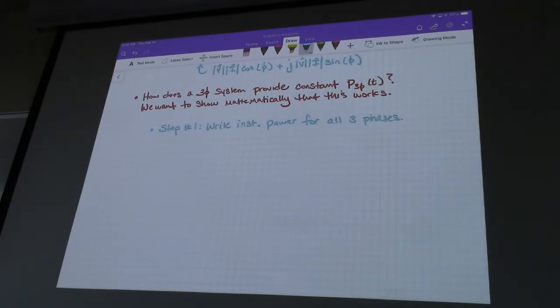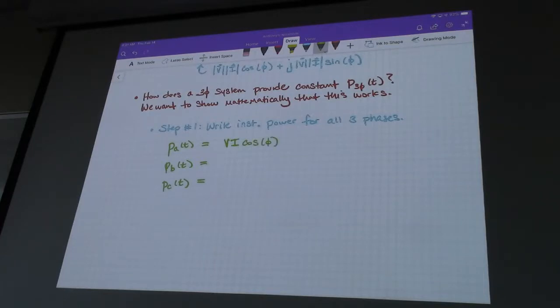Okay, and so we have PA of t, we have PB of t, and we have PC of t. Going back to an earlier section, and I forget what the equation number is, but this should look familiar to everybody. We know that they all share the same first component here.